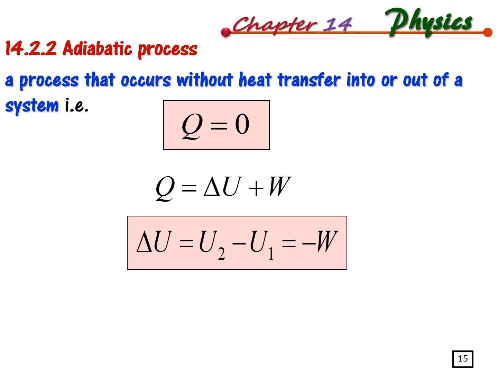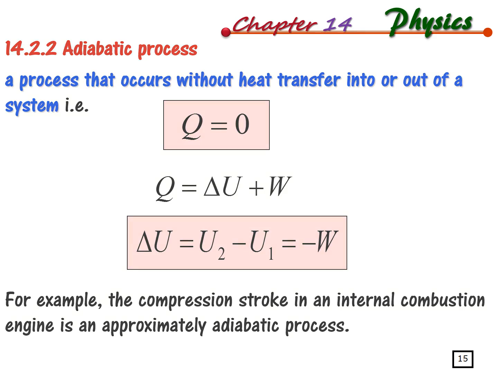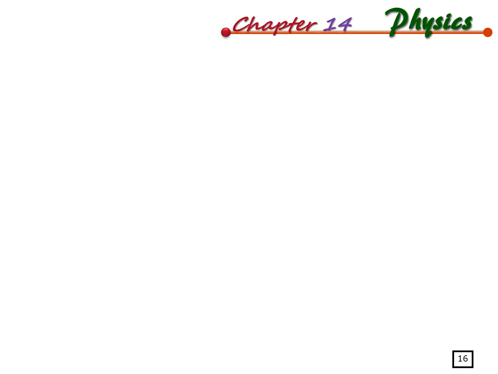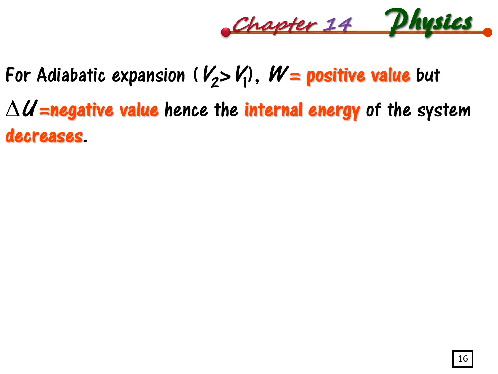For the first law, it becomes delta U equal to negative W for adiabatic process. For example, during the adiabatic expansion, where the final volume is greater than the initial volume, the work done will be positive. Because it expands, W will be positive. So delta U will be negative because delta U equal to negative W for the adiabatic changes.